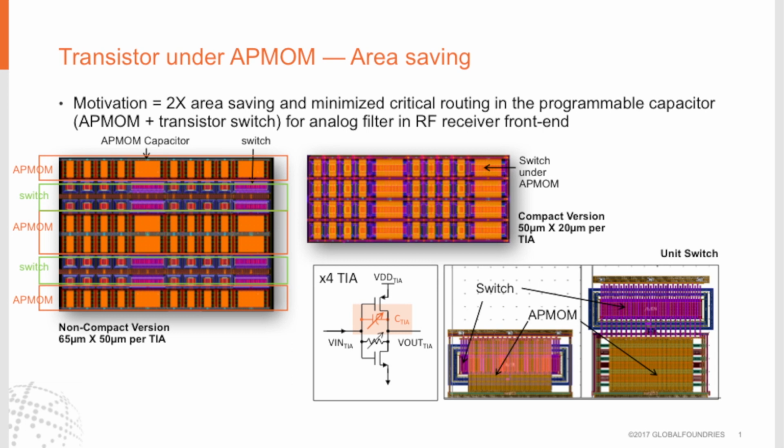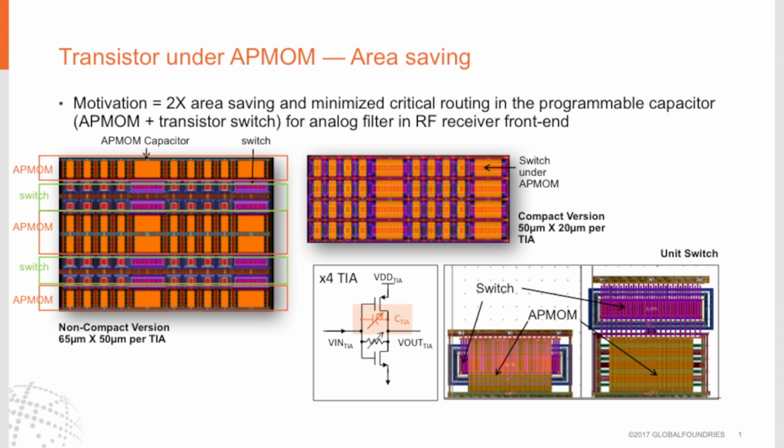And here's a great representation of how much area gets saved. The motivation is we see a 2x area savings and minimize critical routing in the programmable capacitor, which is the APMOM plus the transistor switch, for an analog filter and an RF receiver front end. The case on the left shows a non-compact version where the APMOM and the switch do not overlap.